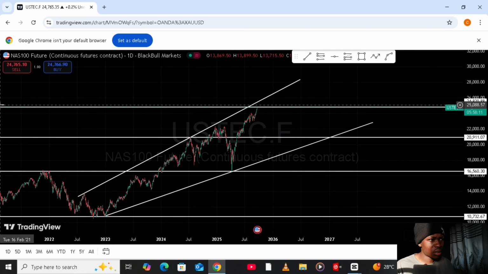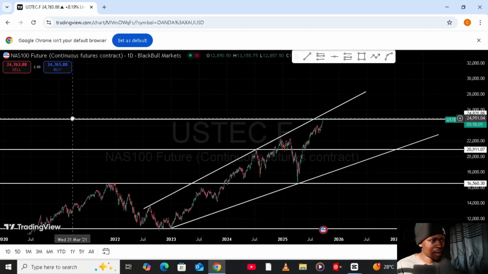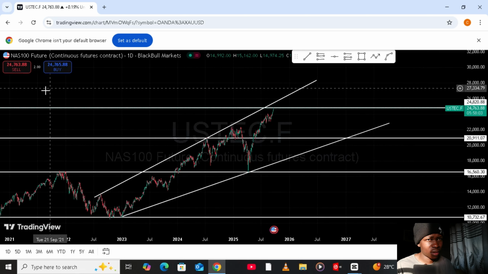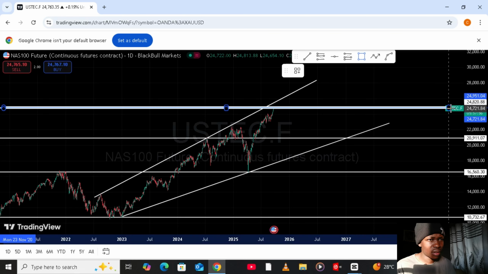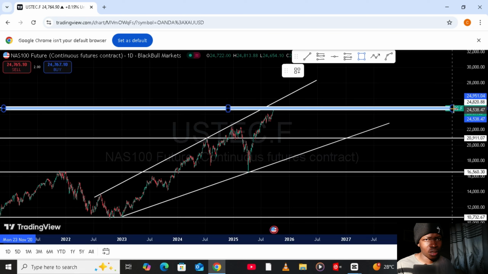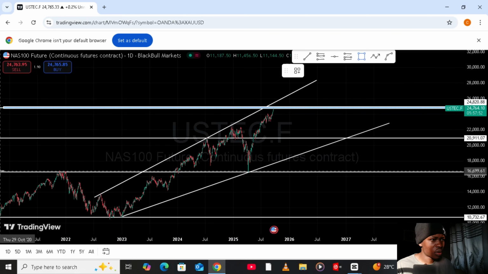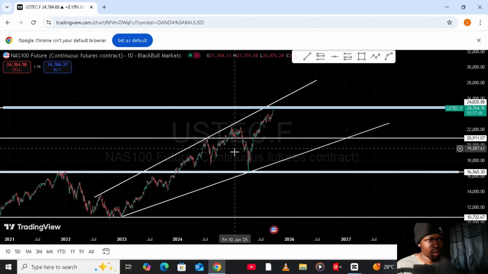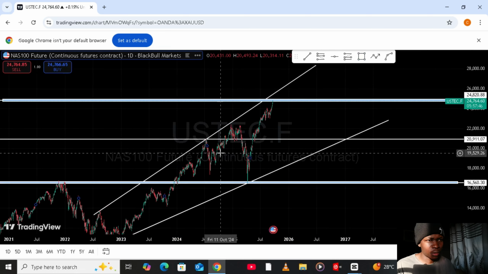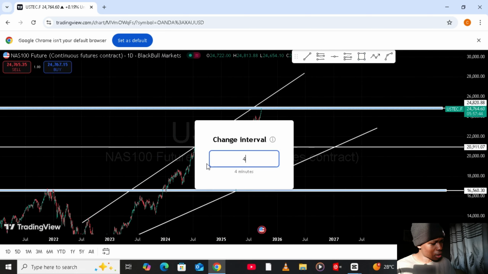All you need to do is draw your supply just like this, and then draw your demand just like this, guys. And now move down to your 4-hour time frame.